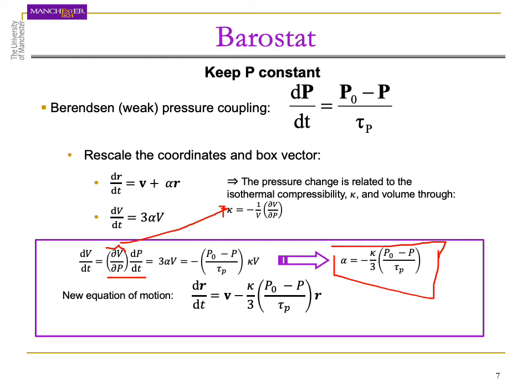So now we can replace alpha into the equation of motion, and we have the new equation of motion which expresses the variation of the position of the atoms during the trajectory that keeps the pressure constant. At the same time, the volume is varied using this expression here, where we know alpha.